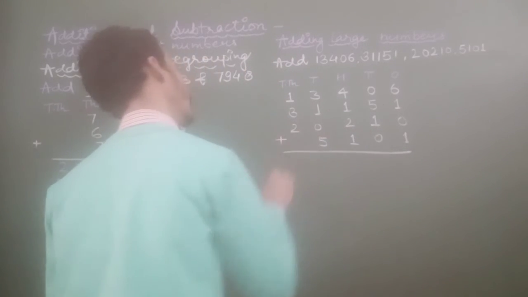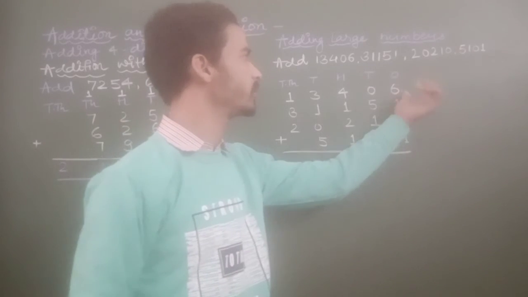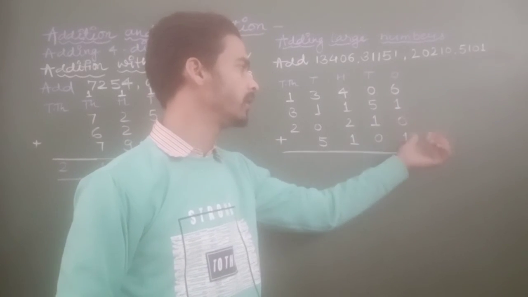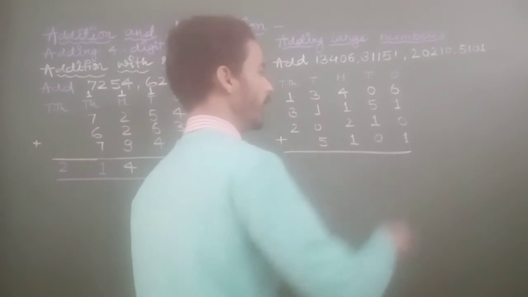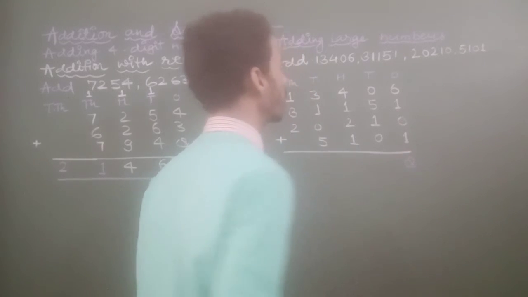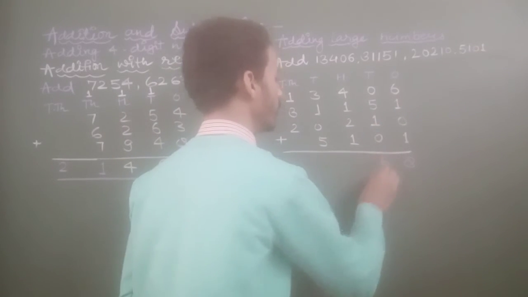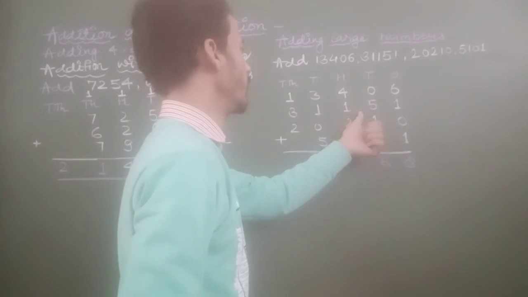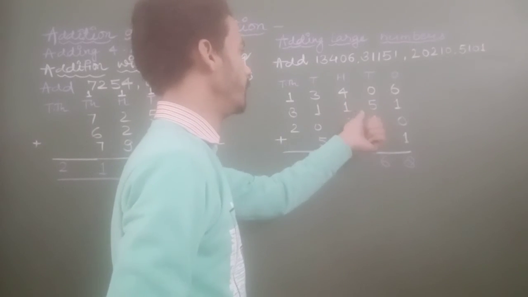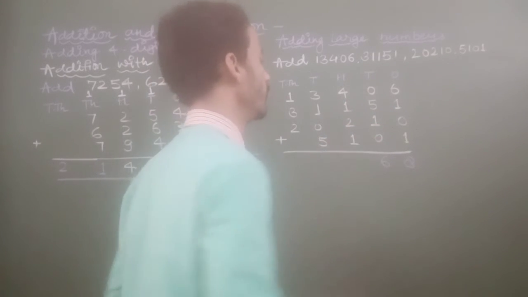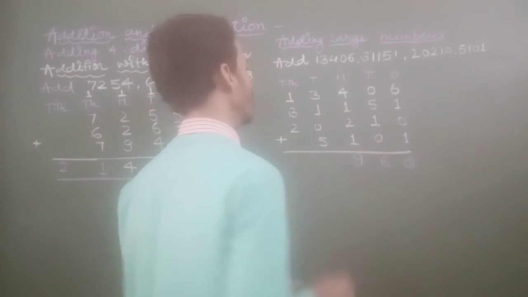Now add the ones: 6 ones plus 1 one is 7 ones, plus 0, plus 1 is 8 ones. 0 tens plus 5 tens plus 1 ten is 6 tens. Add the hundreds: 400 plus 100 is 500, plus 200 is 700, plus 100 is 800.